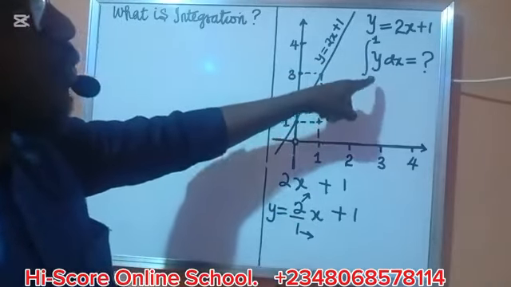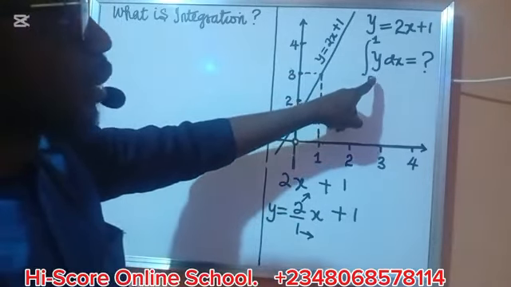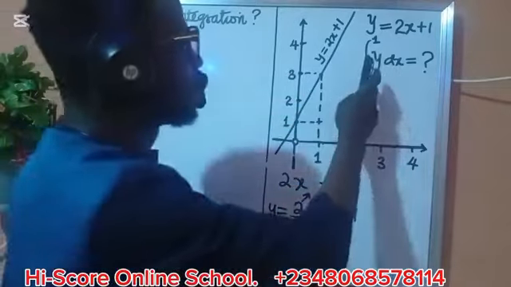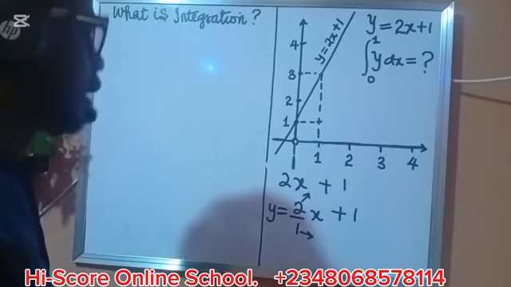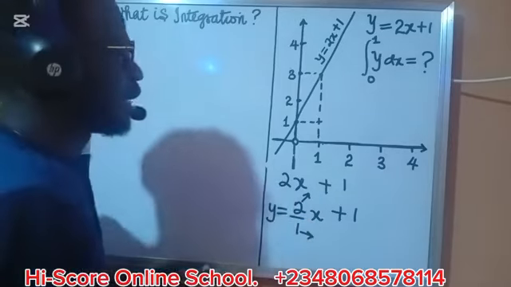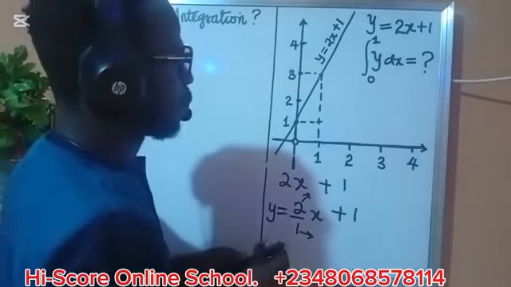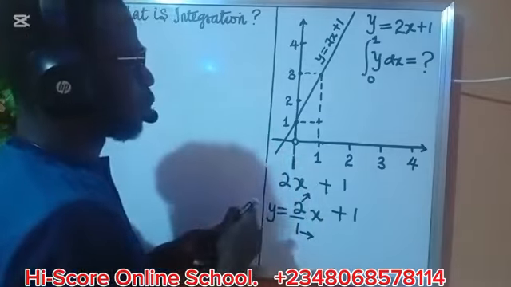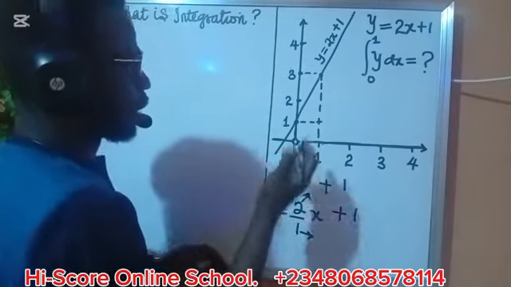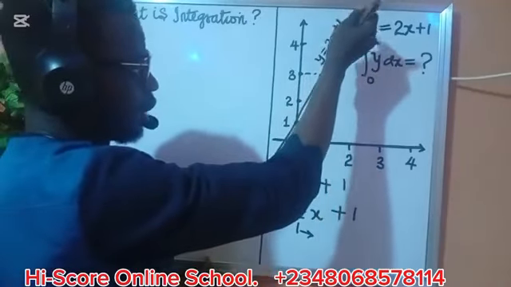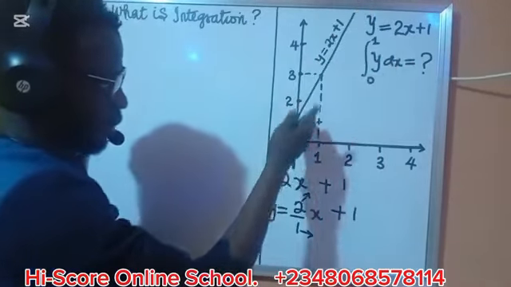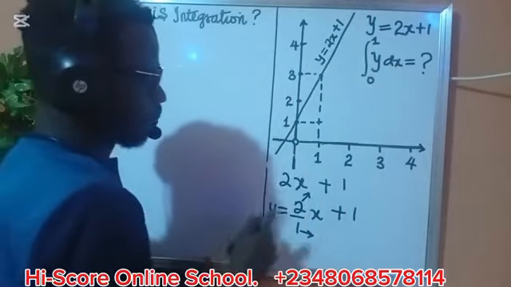The integral of y with respect to x from 0 to 1 simply means to find the area under this curve, this line actually, the area under this line between 0 and 1.